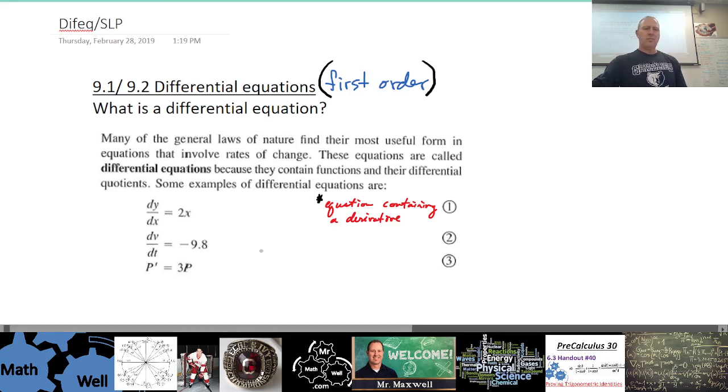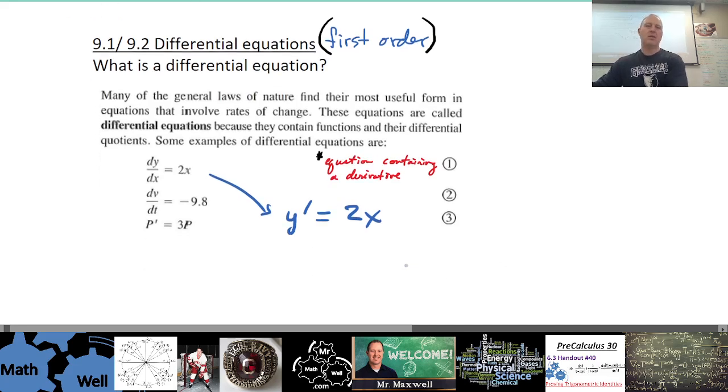But think about this. The first one, y prime, is 2x. And so in order to find y, we would take the integral of both sides, right? Or we take the antiderivative of both sides to find what y is. So this is what we have been doing. Take the integral with respect to y dx, the integral with respect to x as well. And so the integral and the derivative kind of cancel out.